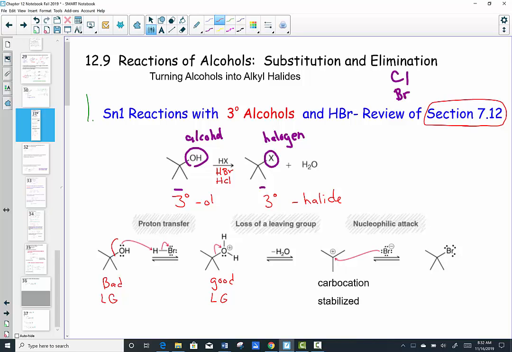It doesn't pick up its electrons and just leave, because it cannot stabilize the negative charge very well. So by protonating the alcohol, a proton transfer, we label this as a protonated alcohol. That turns this into a better leaving group.